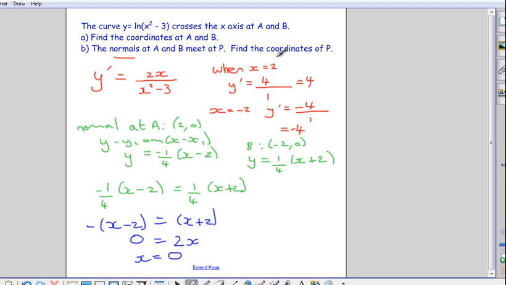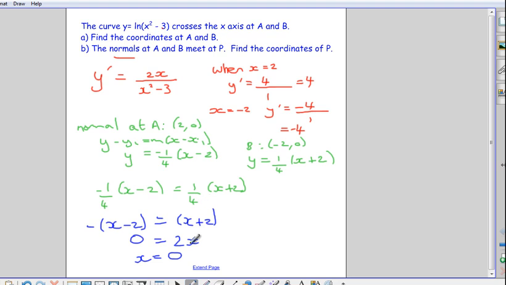So the coordinates of P will be when x is equal to 0. These guys actually meet on the y-axis. So now all we need to do is find the y value. Now this value lies on both normals. They meet at that point. The x equal to 0 satisfies both equations. So now we need to find what will the y value be of the normal, because it's where the normals meet.